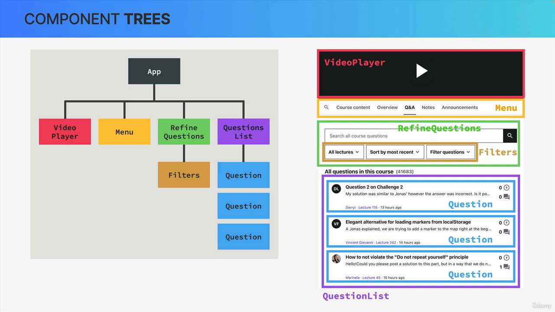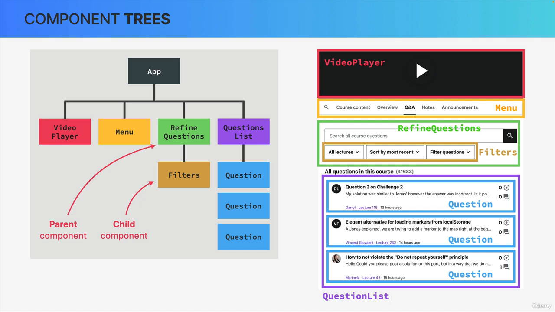We can also clearly see relationships between components, like the refine questions being the parent component of filters, or the other way around, that filters is a child component of refine questions. And we use these terms, so parent and child component, all the time in React. And so it's important to understand what they mean. And so a component tree like this is perfect to understand these kinds of relationships between components.